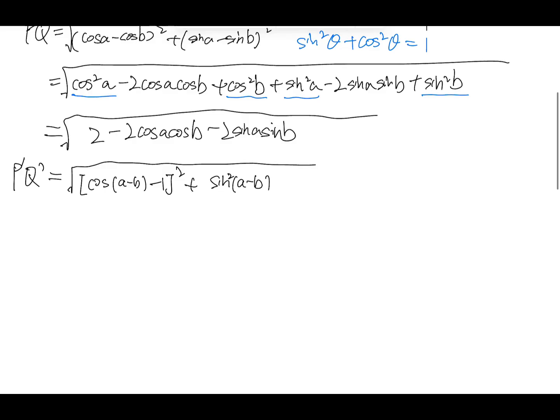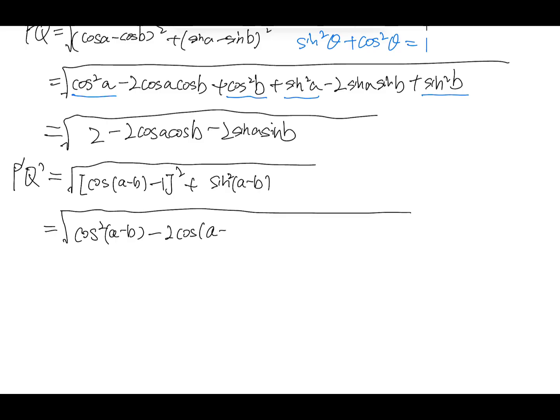Now, we expand this, we can write it as cosine squared A minus B minus 2 cosine A minus B plus 1 plus sine squared A minus B. Now, seeing the formula right here, we can find that sine squared A minus B plus cosine squared A minus B is also equal to 1.